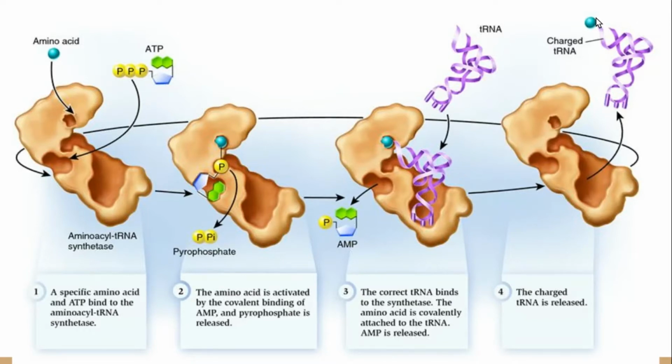And the system gets a lot more complex when you consider things like wobble base pairing, inosine, or other things. So trying to determine exactly how the aminoacyl synthetase actually binds to specific amino acids is another complex issue. But we're not going to get into all that. The basics are just that.